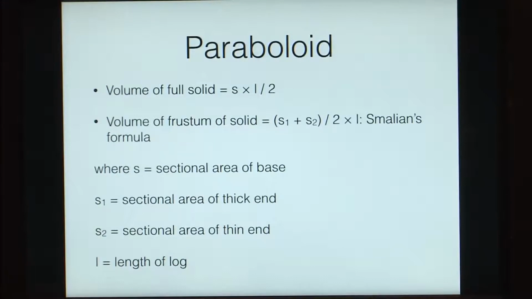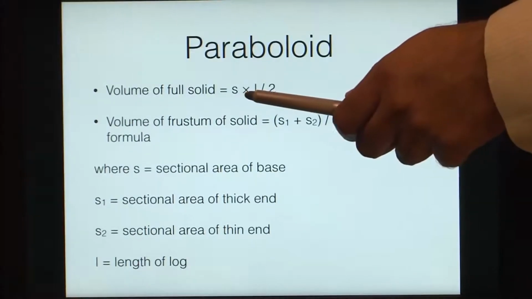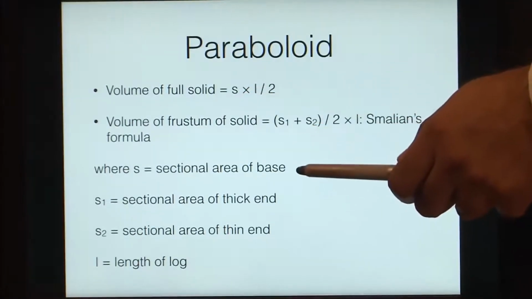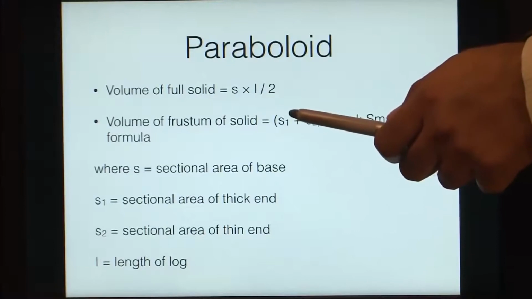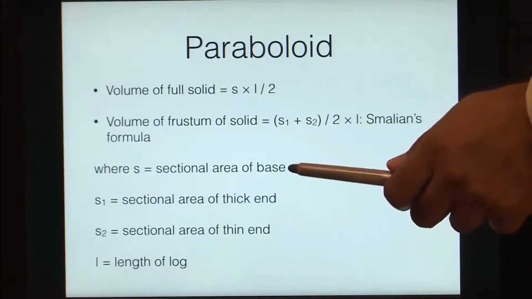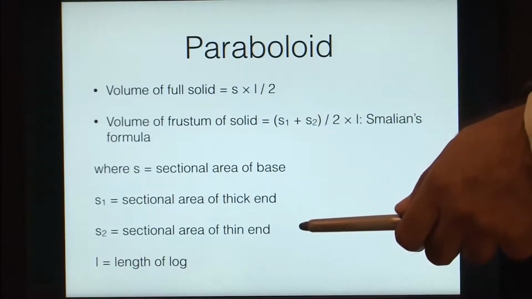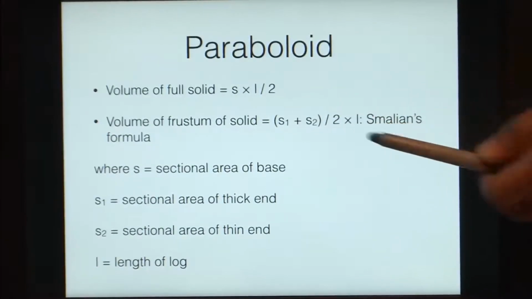So, here we have volume is equal to S1 plus S2 upon 2 into L. Now, in the top equation, S is the sectional area of the base. In this case, S1 and S2 refer to the sectional areas of the ends when we are taking a frustum, and L is the length of the solid.